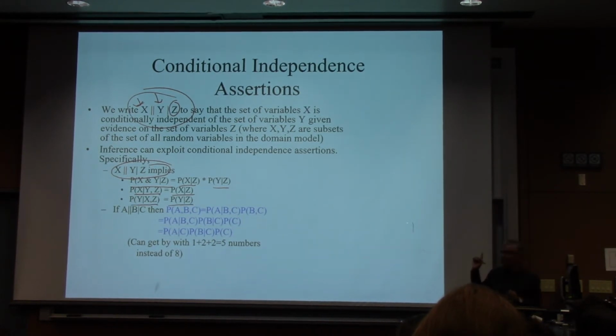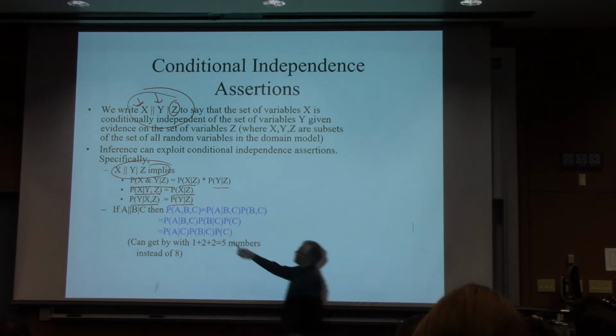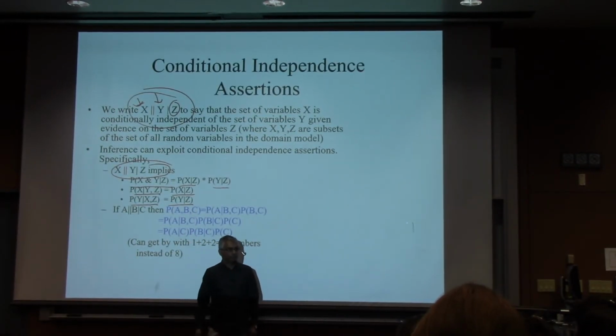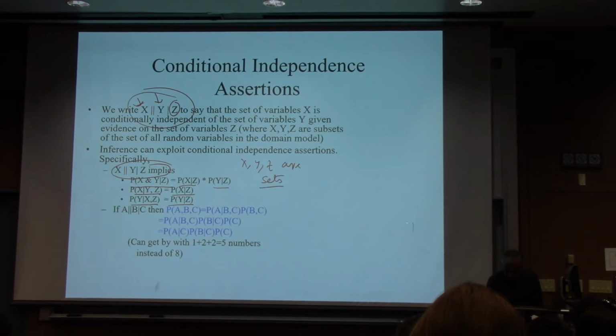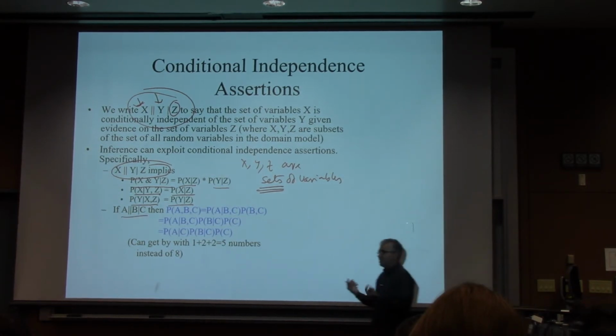With just that one independence assertion, you can do all these simplifications. Notice x, y, and z are sets of variables, most generally speaking. The simplest case would be each of them are single variables. They are singleton sets.